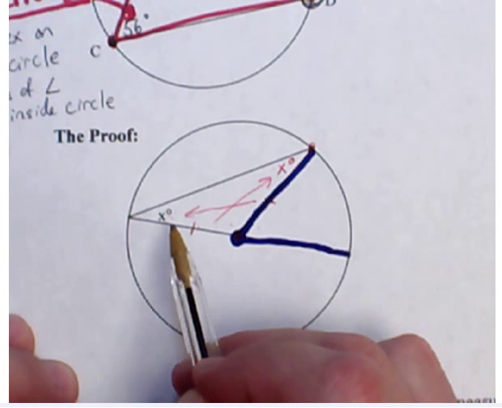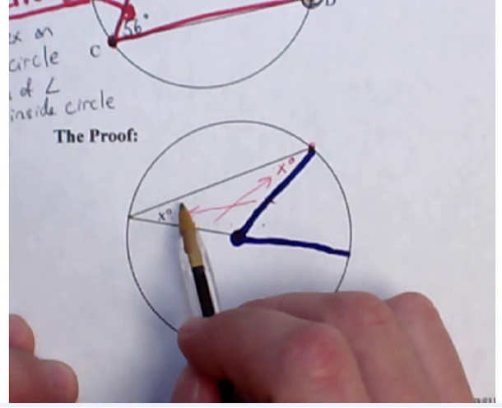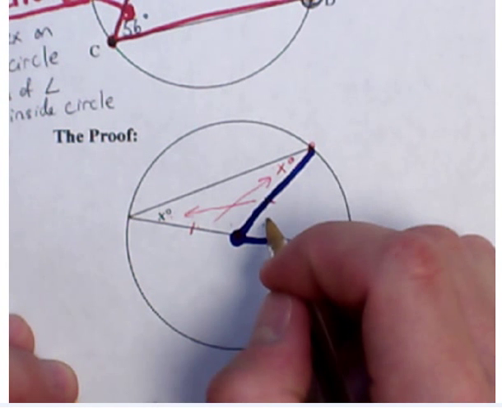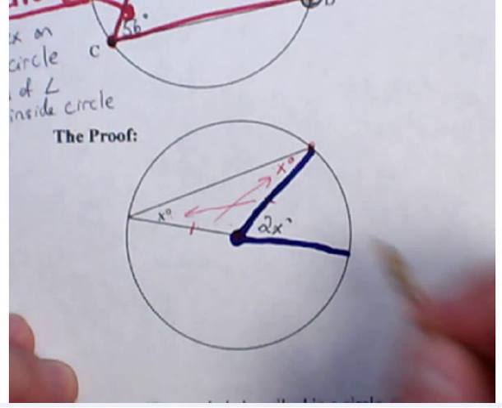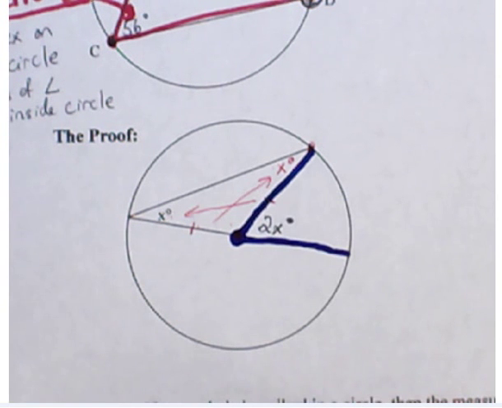And we have a relationship that says the exterior angle is equal to the sum of the two remote interior angles. So if I take x plus x, I get 2x degrees. That would be the measure of the central angle.